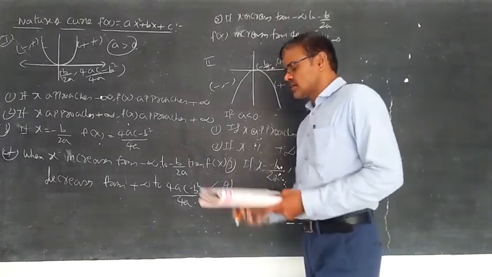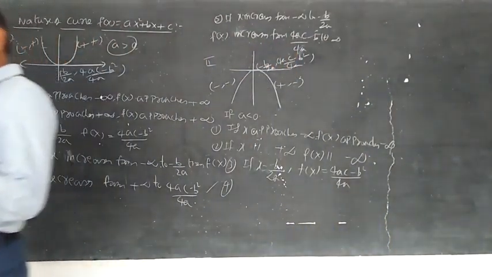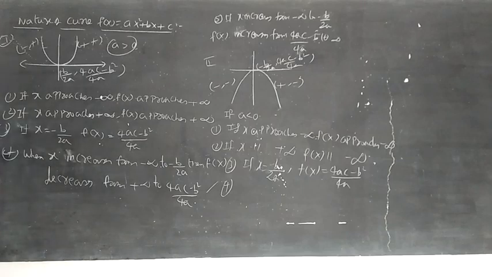Next point depends upon the characteristic of this downward parabola.